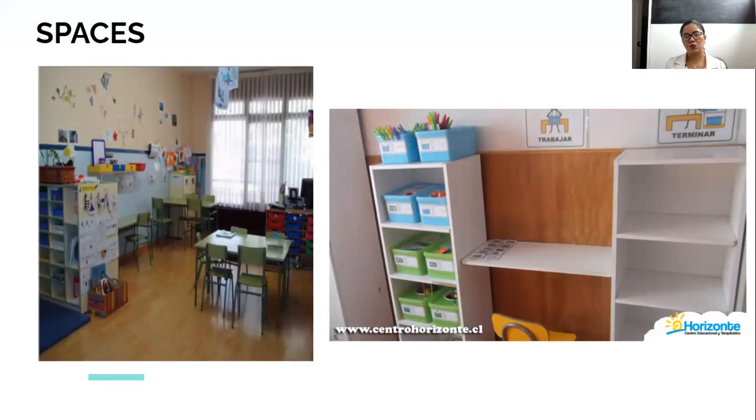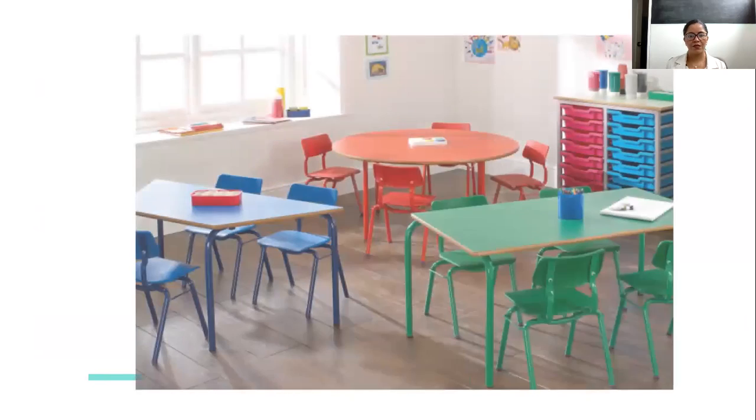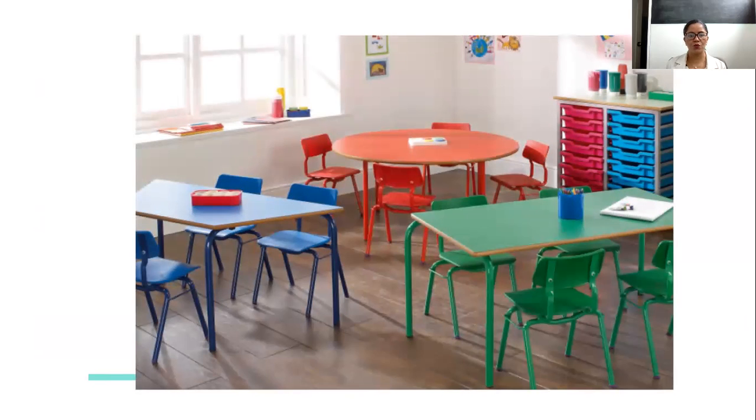This is in Spanish, but you can have everything in English as well, because the image is there to reinforce the words. This is another picture that I took, which I quite like because you can see that there is not much clutter in this classroom and everything seems to be very organized. So this is the idea of an organized classroom.